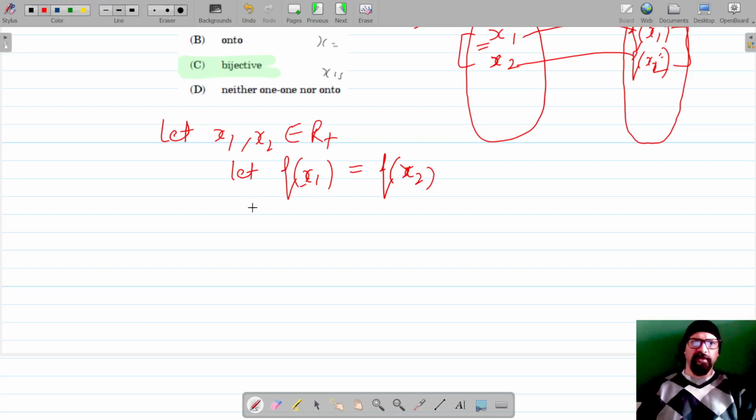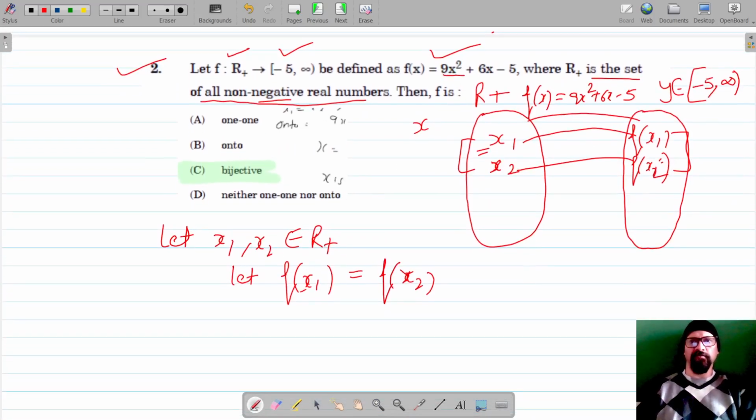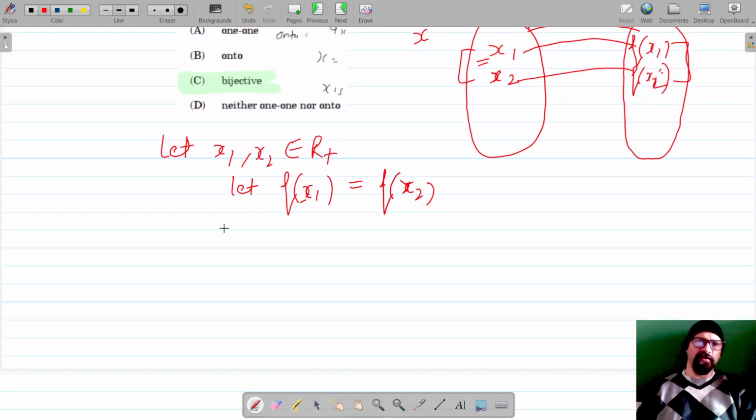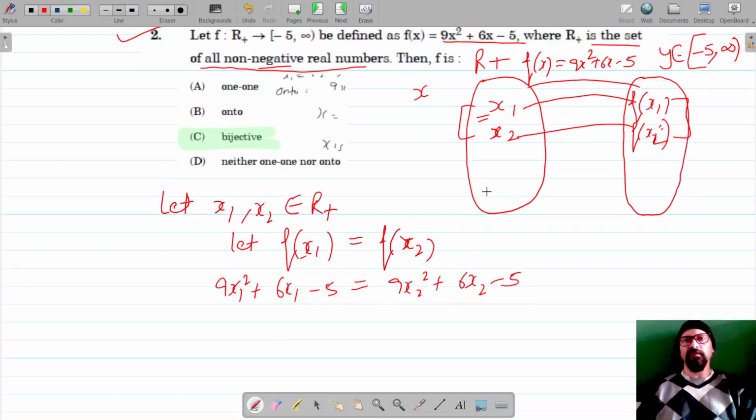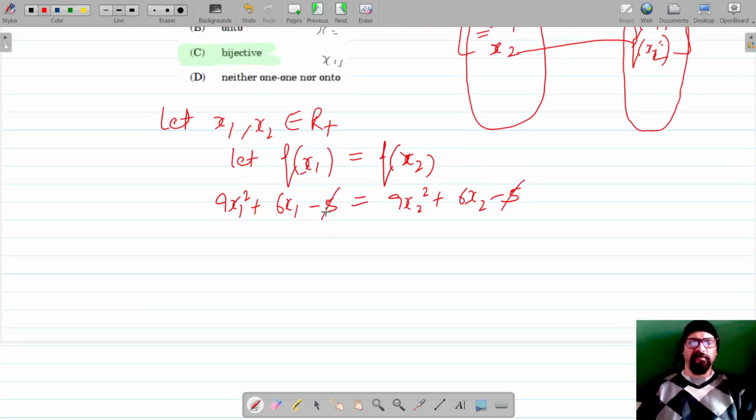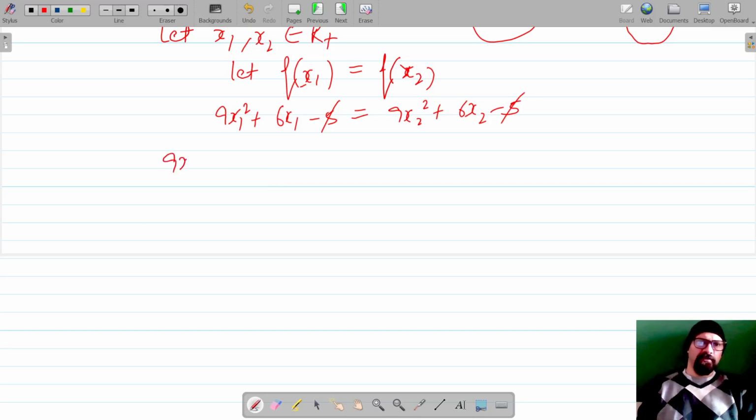So let's put in the values of x1 and x2. According to this function, f of x1, which is 9x1 squared plus 6x1 minus 5, is equal to 9x2 squared plus 6x2 minus 5. The -5 and -5 cancel. Let me arrange this: 9x1 squared minus 9x2 squared plus 6x1 minus 6x2 is equal to 0.